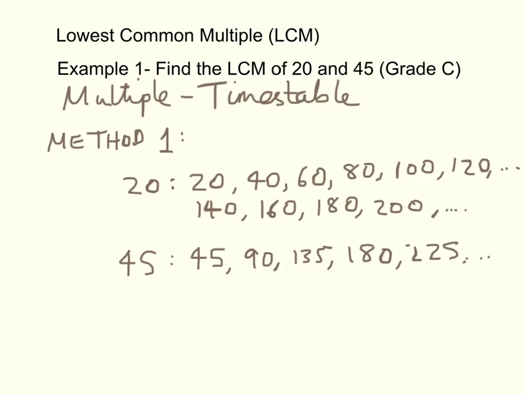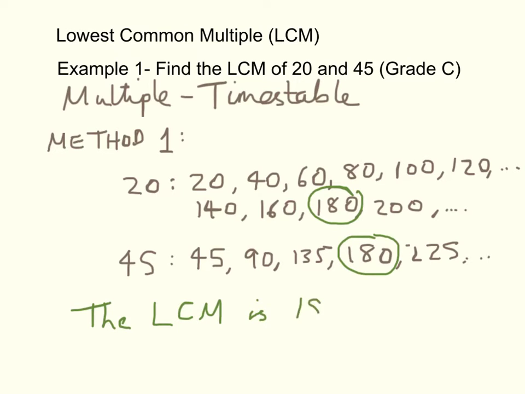And you'll notice 180 appears in both. So that means the lowest common multiple of 20 and 45 is 180. So that's method 1.